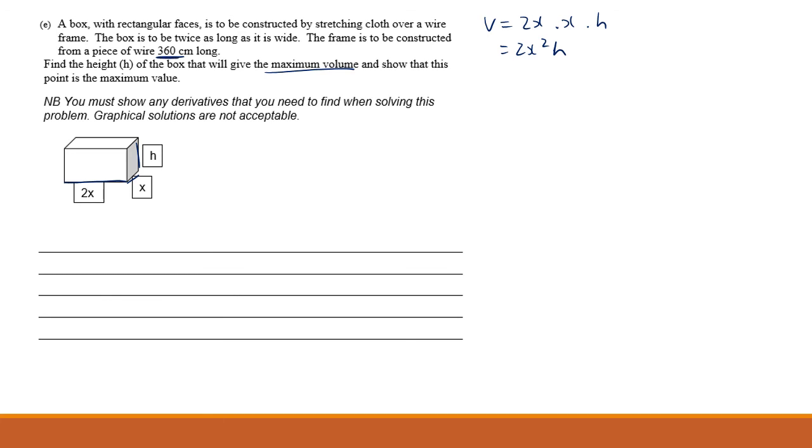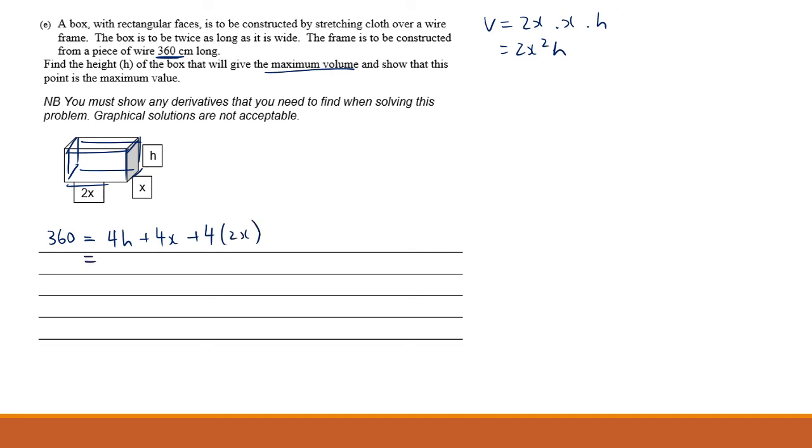So in other words, if you look at this, 360 centimeters comes from 1, 2, 3, 4 h's, 1, 2, 3, 4 x's, and 1, 2, 3, 4 lots of these 2x's.